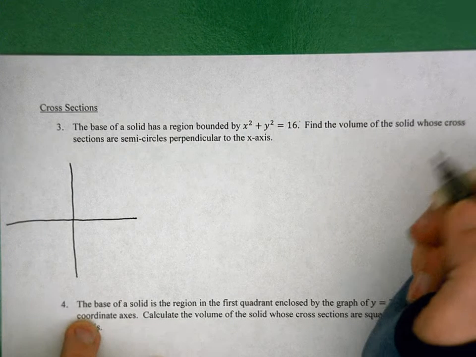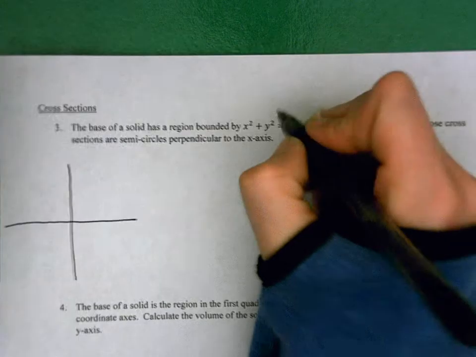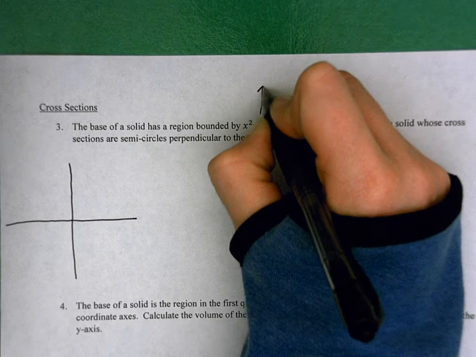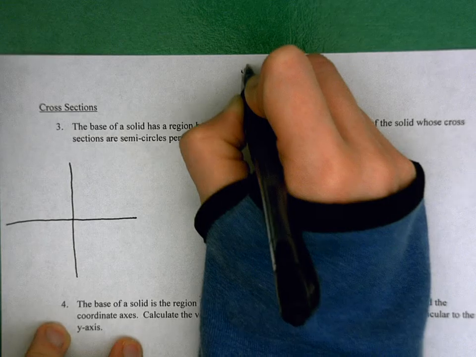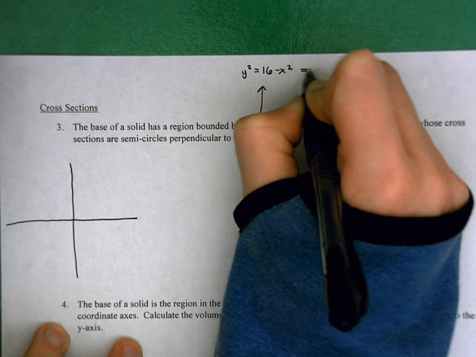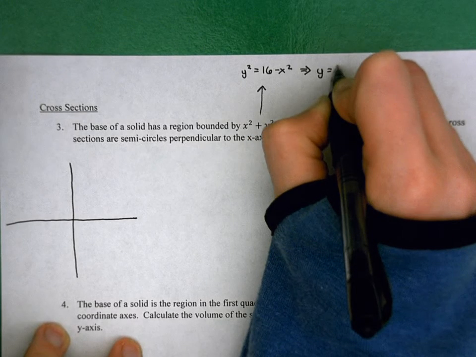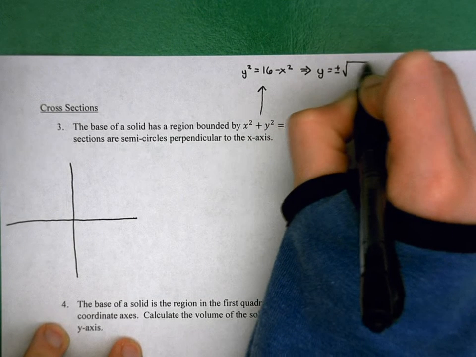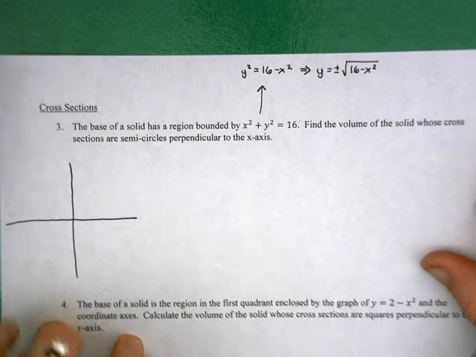If you didn't identify that immediately, you would solve for y to put it into your calculator. Right, so I'm going to go ahead and take this up here. We'd subtract the x squared over, so we'd get y squared equals 16 minus x squared. And then we'd square root both sides. Anytime you take a square root, you do plus or minus the square root of 16 minus x squared. Okay, and so that's what you'll plug into your calculator.